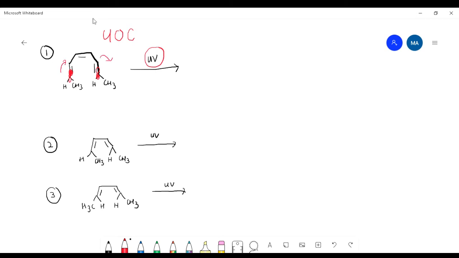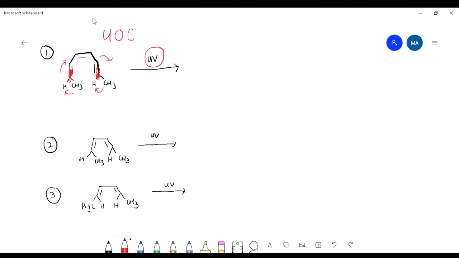So what happens when it is going conrotatory? This methyl group will go up, this will come here, and then this will go up, and this also will go up.